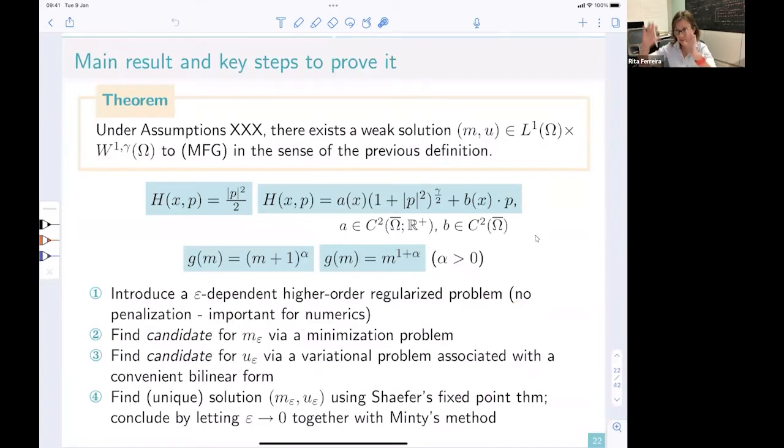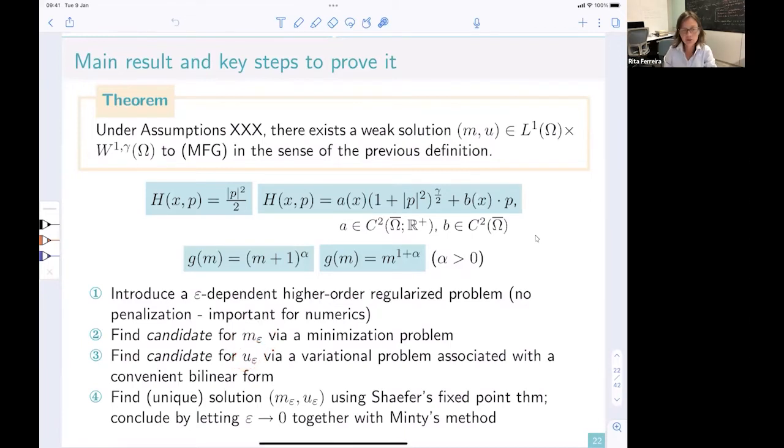And then the idea is, we have this regularized problem, and we find a candidate for M epsilon, the solution to the regularized problem, via a minimization problem. We solve a minimization problem and we find a candidate for M. Then we solve a variational problem associated with the convenient bilinear form.